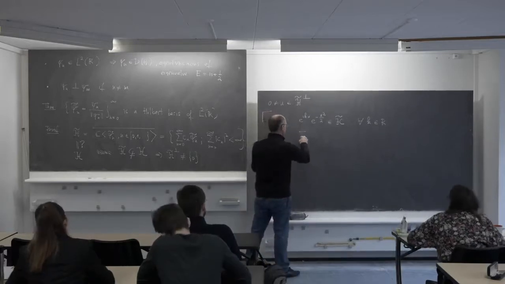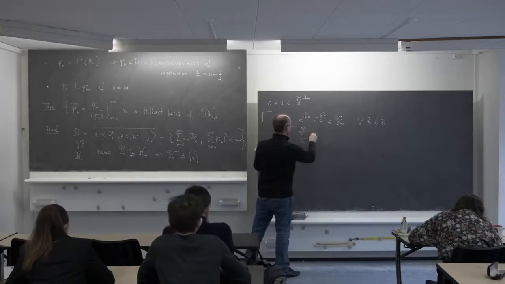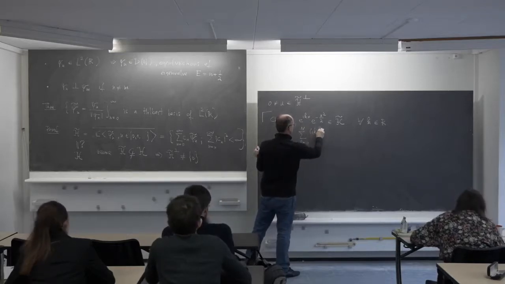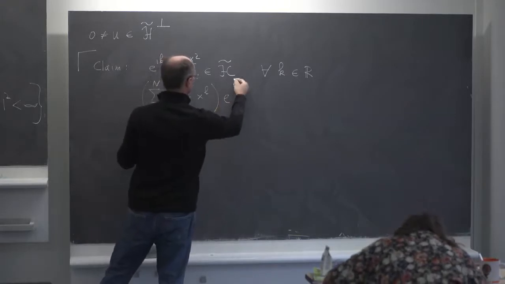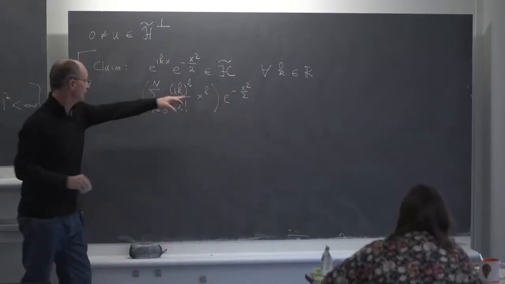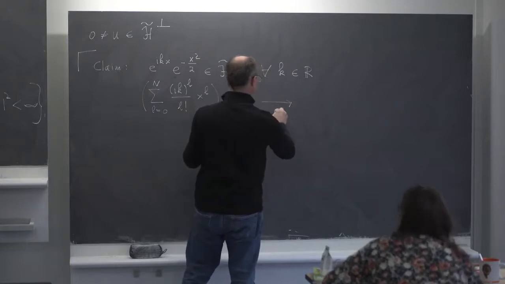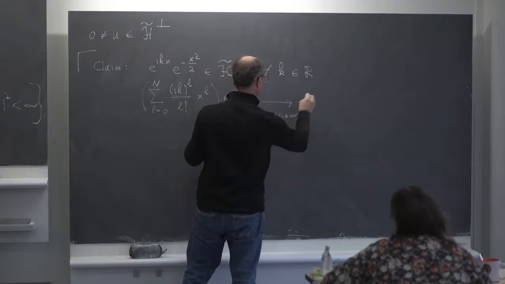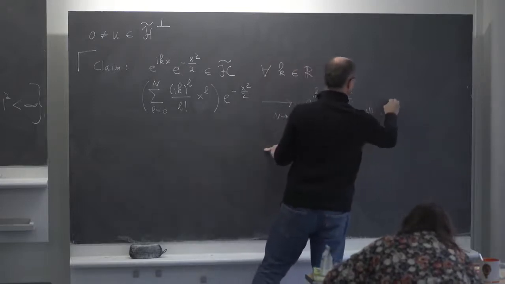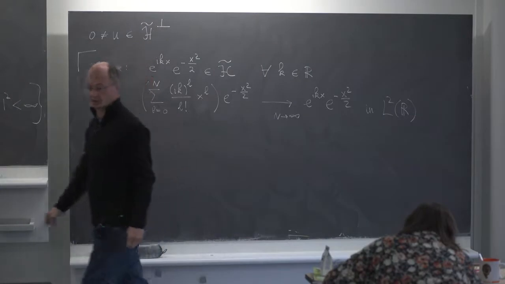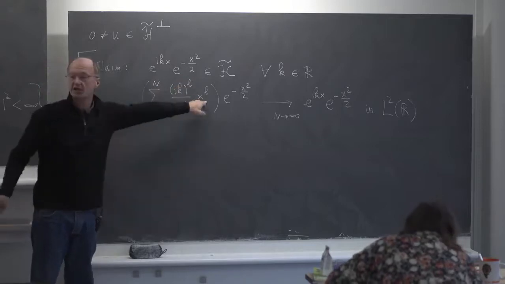So I claim that the partial sums for the exponential function, the partial sums of this form, converge to e^{ikx} minus x squared over 2 in L2 of R. And these guys are polynomials, and using Hermite polynomials we can obtain all of them.